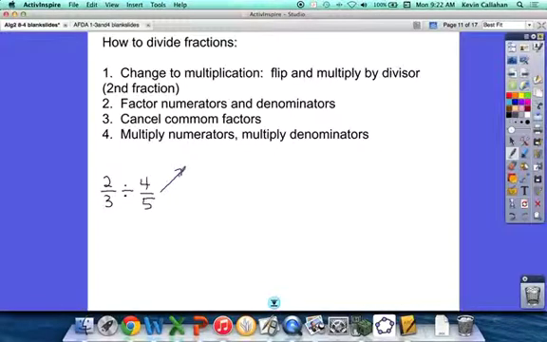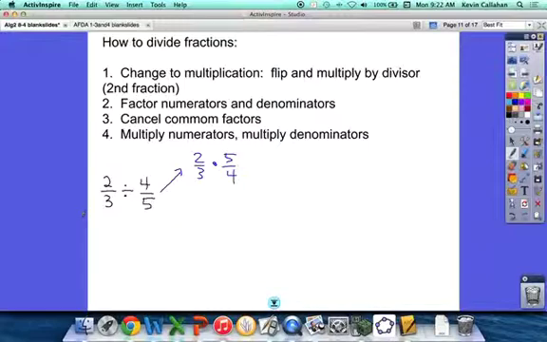It looks like this: 2/3 times 5/4. And at that point, we've turned the whole thing into a multiplication problem.